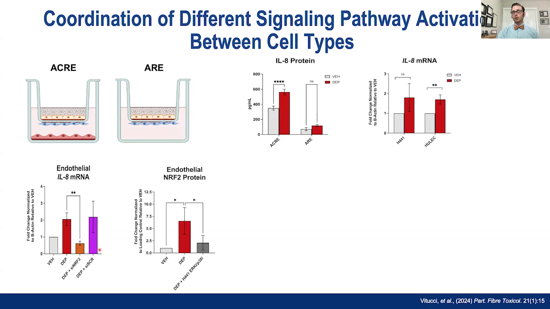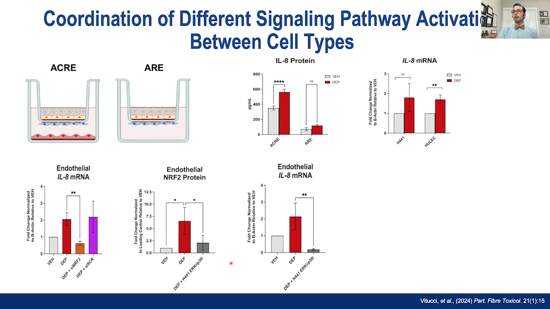And then if we take it one step up the chain and ask the question, well, is the MAP kinase activation in the epithelial cells required for the activation of NRF2 in endothelial cells? Turns out the answer there is yes. And so then the next question, which is really the exciting one, is the activation of MAP kinases in epithelial cells required for the induction of IL-8 mRNA in the endothelial cells?